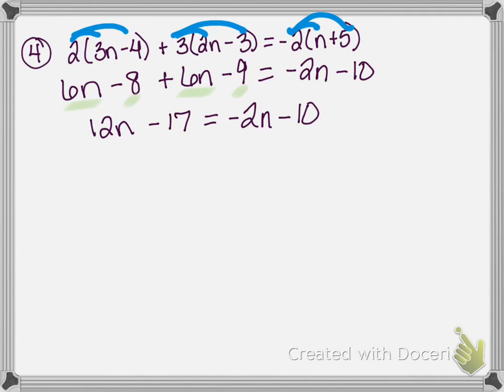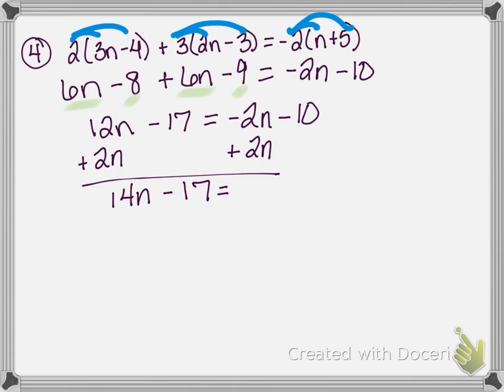So I want to get in the habit of moving my variable to the left. So I'm going to add 2n to both sides. Okay, so I'm going to have 14n minus 17 equals negative 10.